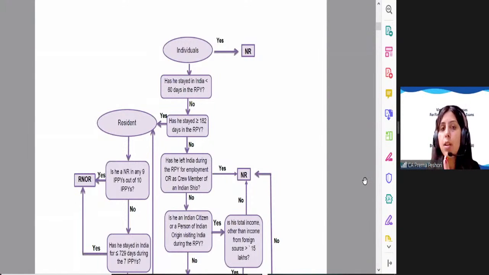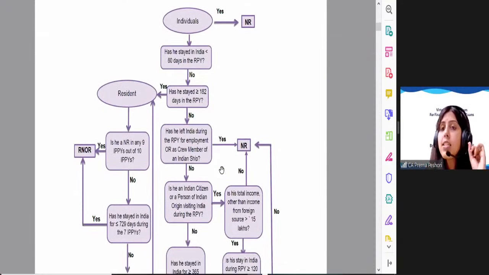If the answer is no, you need to check the second basic condition, which is, has he stayed in India for greater than equal to 182 days in the relevant previous year? If the answer is yes, he becomes resident. Then if the answer is no, then you need to check, has he left during the relevant previous year for employment or as a crew member of Indian ship? If the answer is yes, then he will become non-resident.